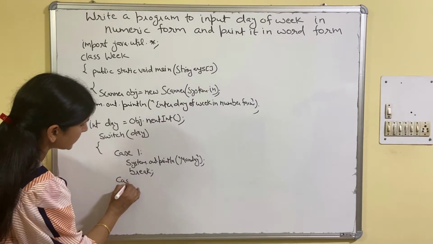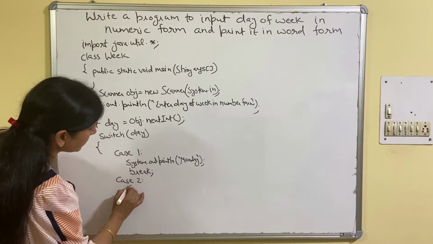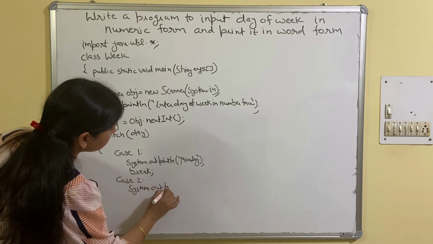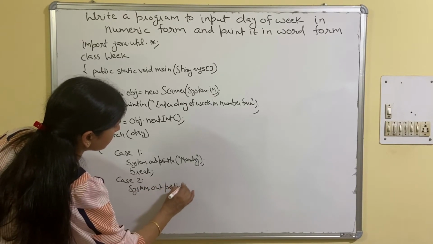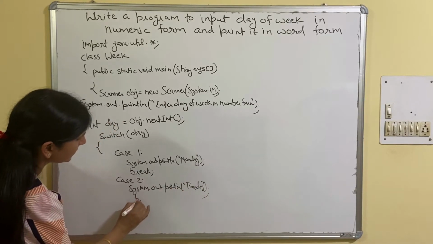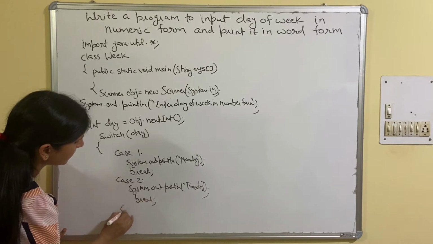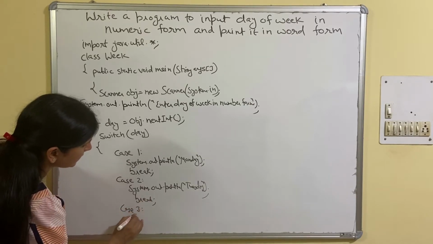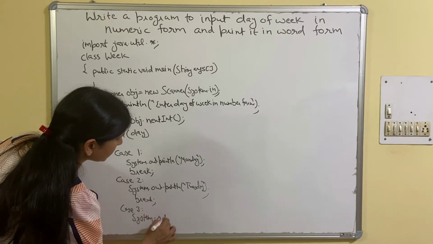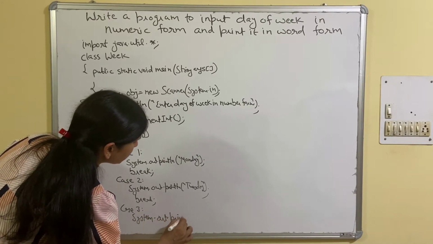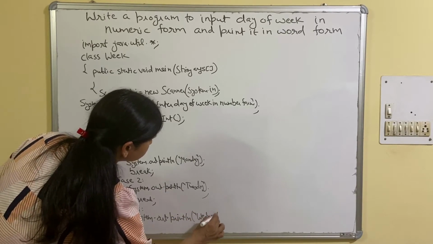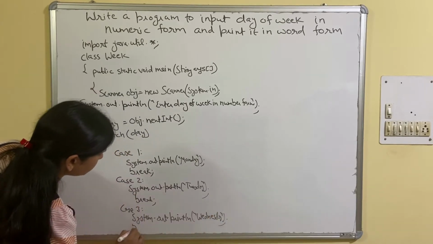Then the second case, case 2, System.out.println Tuesday, again break. Case 3, you have to write every case, you cannot skip or use the shortcut. System.out.println Wednesday, break.